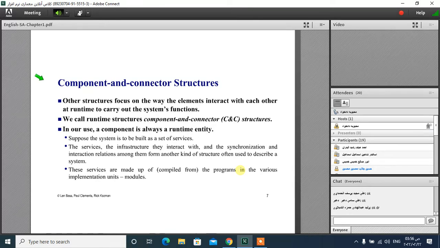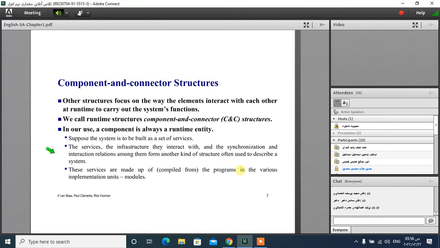In our use, a component is always a runtime entity, so we see a component as a runtime entity. The component can support the system to be built as a set of services. The services and the infrastructure that they interact with, and the synchronization and interaction relations among them, all of them can form another kind of structure.